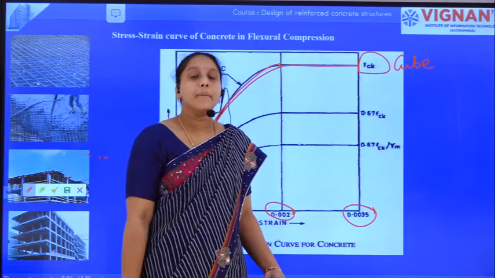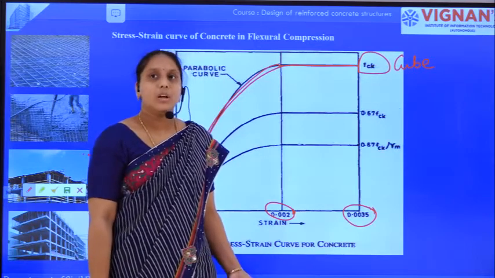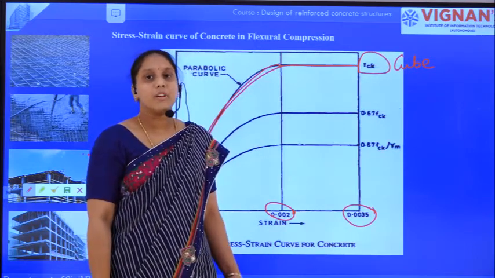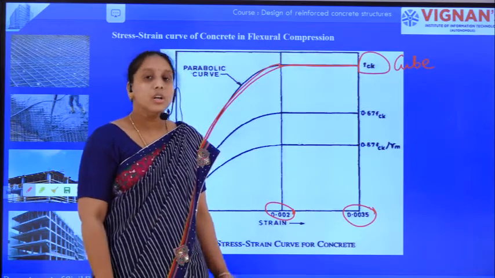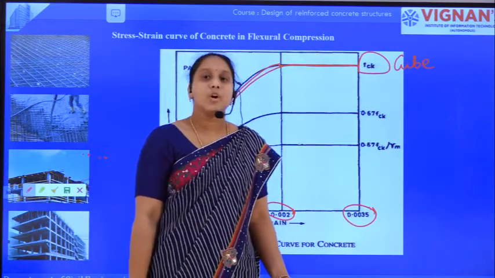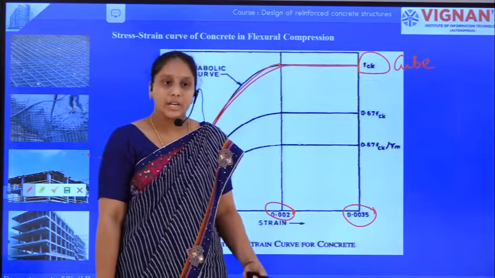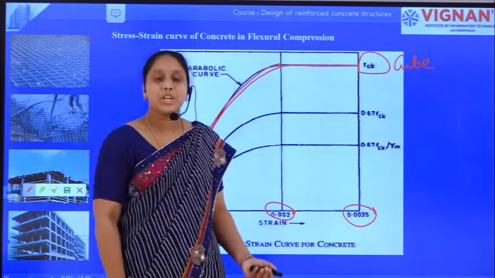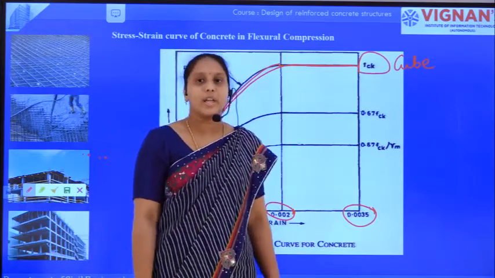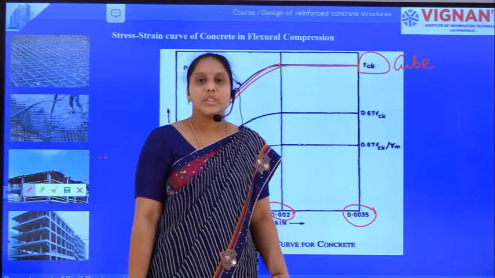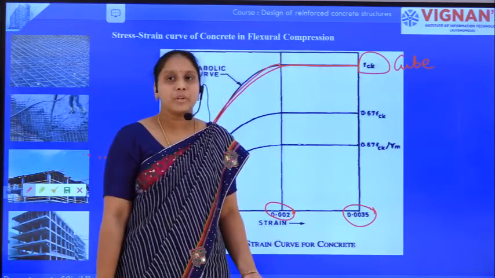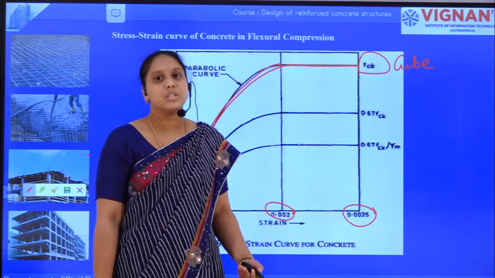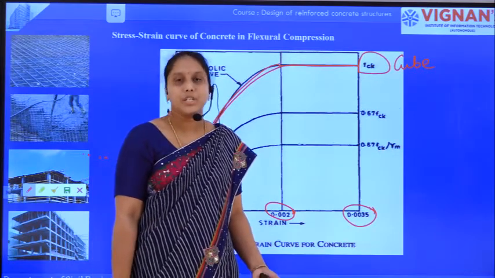But in the structure, the area will be more, and the forces acting on the structure will be different. When you are doing the cube testing, only compressive force is acting. But within a structure, other than compressive forces, tensile forces, shear and so on will be developed.